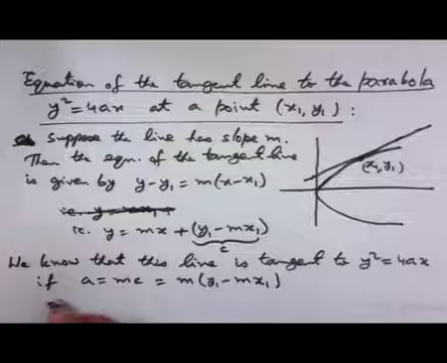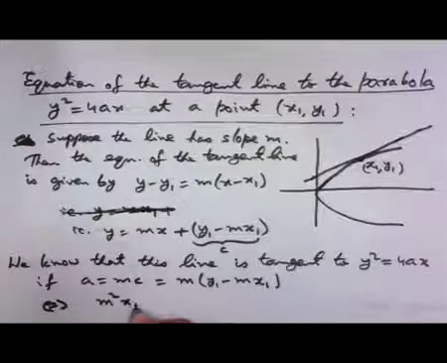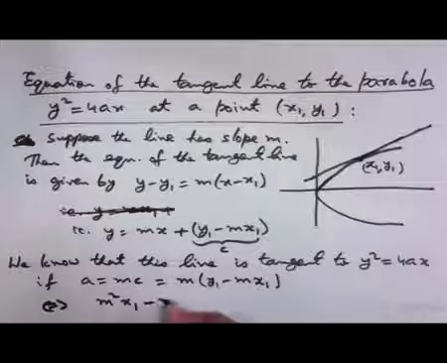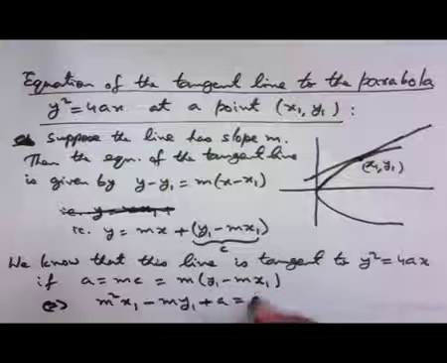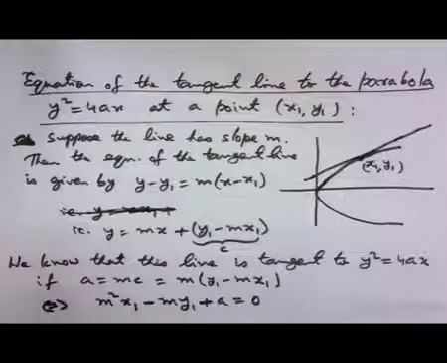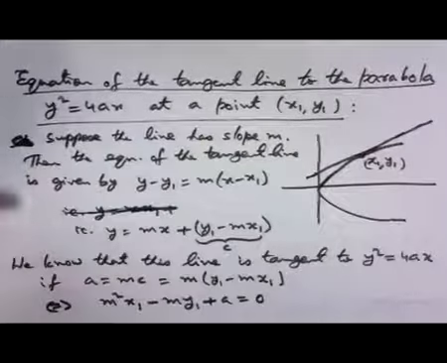This is equivalent to writing m square x 1 minus m y 1 plus a equal to 0. So, what is the value of m from this?